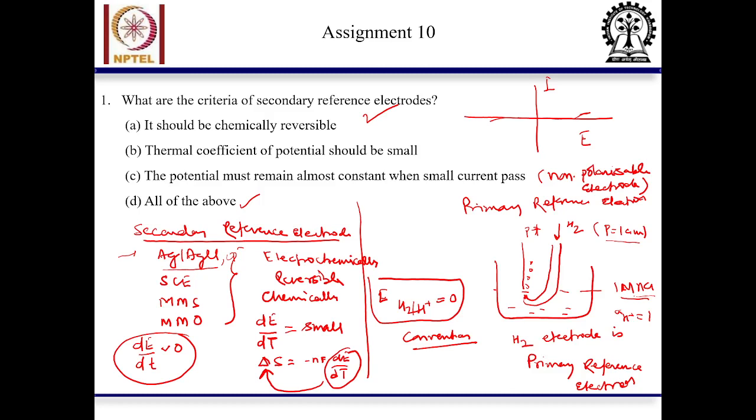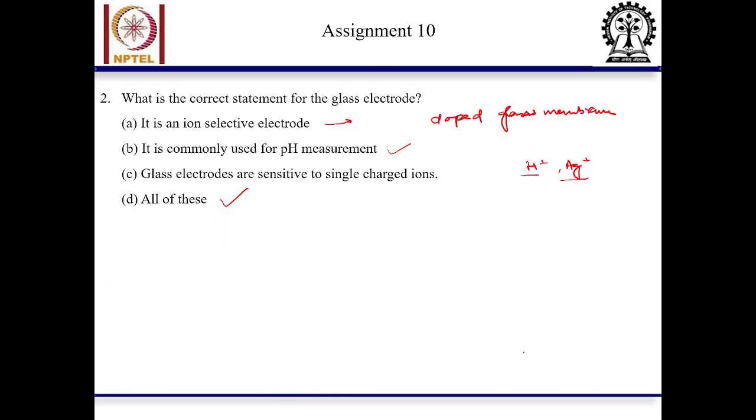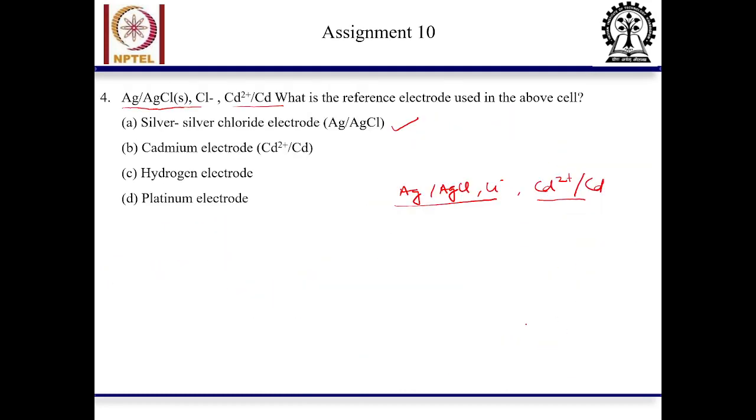So the concentration of Cl minus is the one which determines this reference electrode potential. So basically we mostly use the saturated KCl solution. So here silver chloride is the reference electrode used in this cell.